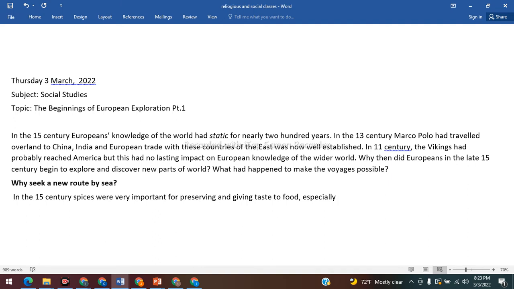What article of food needs to be heavily preserved? Meat, especially meats.